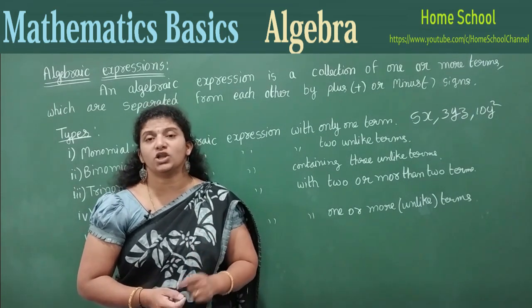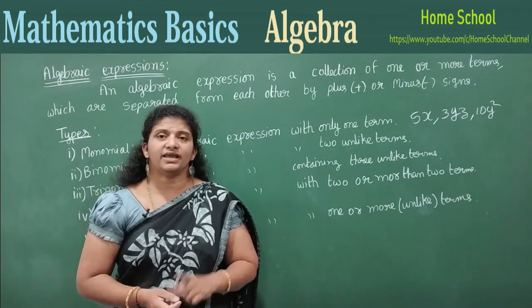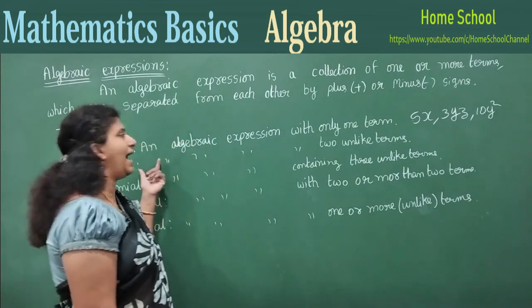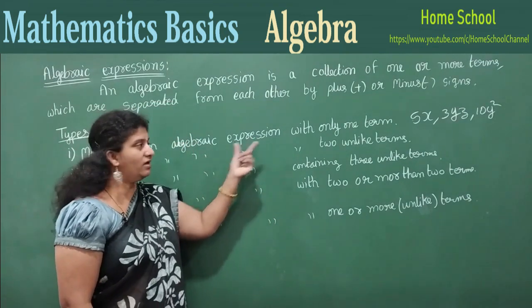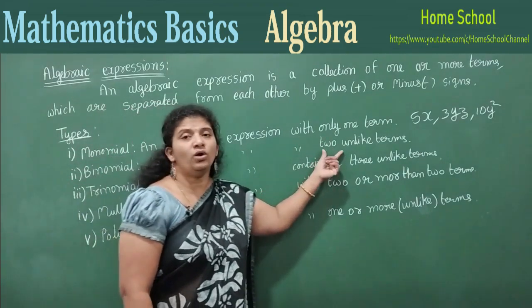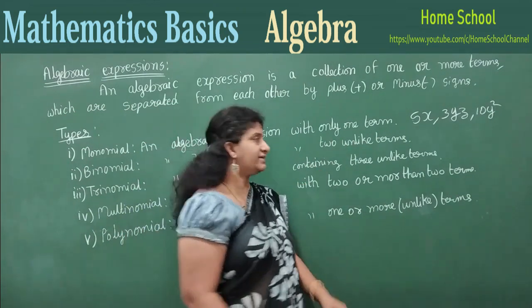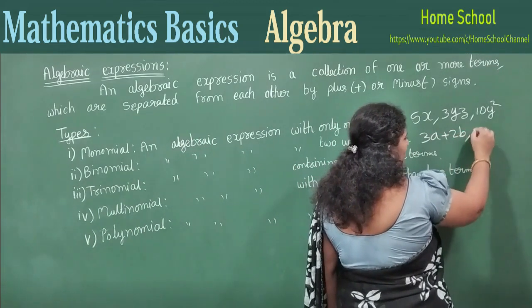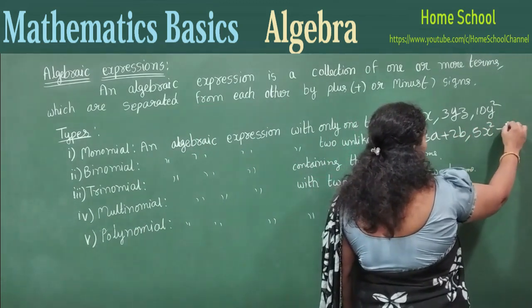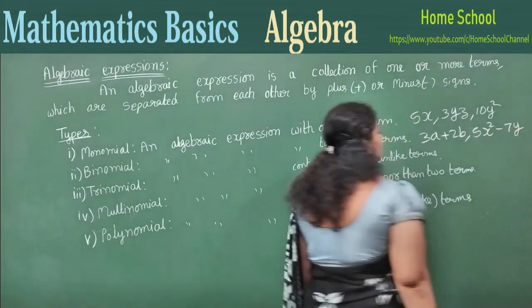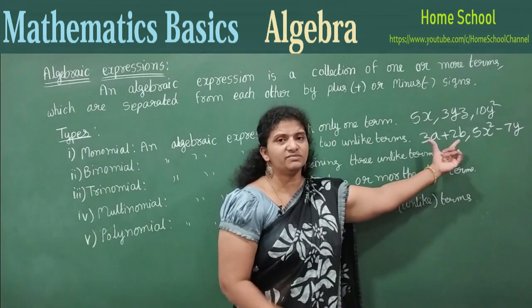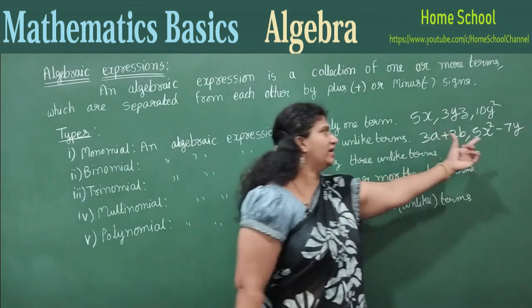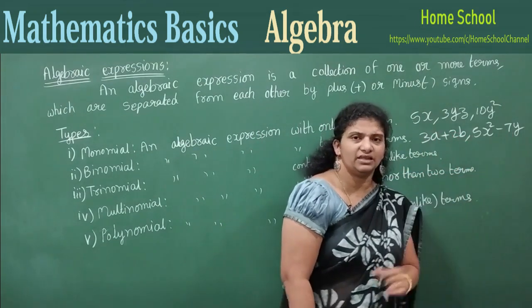Unlike terms, not like. 3x and 2x will be like. So look here, an algebraic expression with two unlike terms. Example, 3a plus 2b, 5x square minus 7y. See here, how many terms we have? Two terms with a plus sign in the middle, and here two terms with a minus sign in the middle.